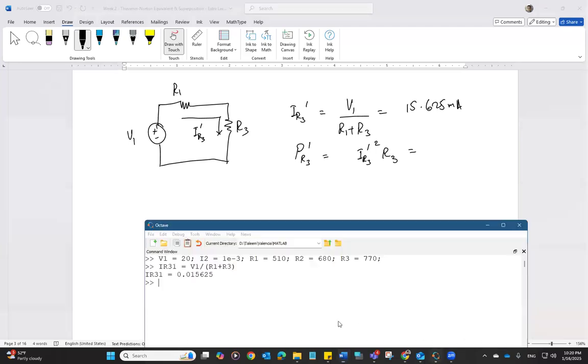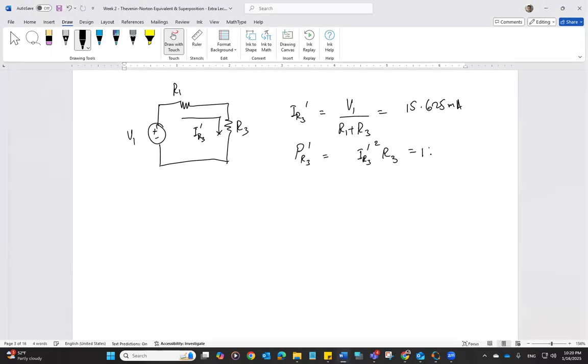And then the power is going to be PR31 equals IR31 square times R3, which is 188 milliwatt. That's the power contribution to R3 from V1.